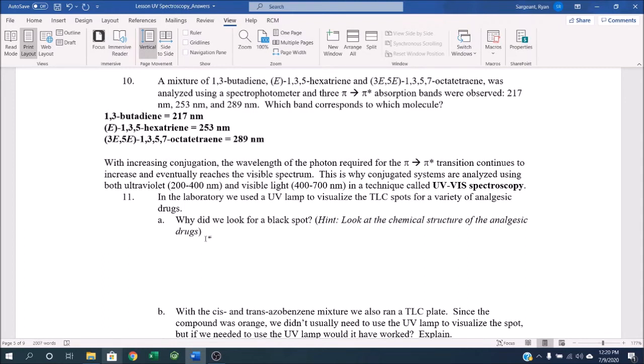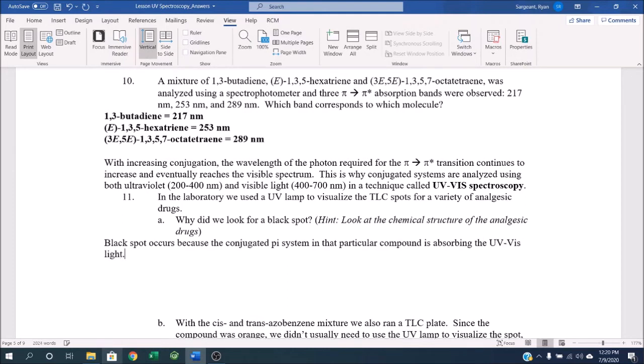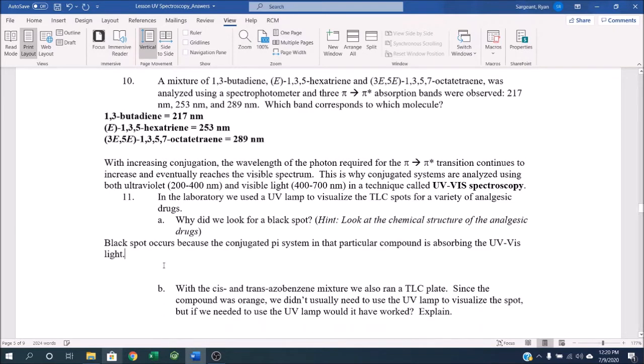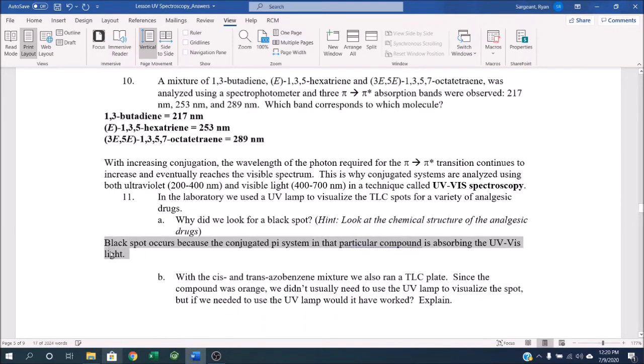The black spot occurs because the conjugated pi system in that particular compound is absorbing light, is absorbing the UV, and it's actually the visible light at that point because you're seeing it with your eyes. And so what we were really doing in the laboratory was looking for evidence of a conjugated pi system.